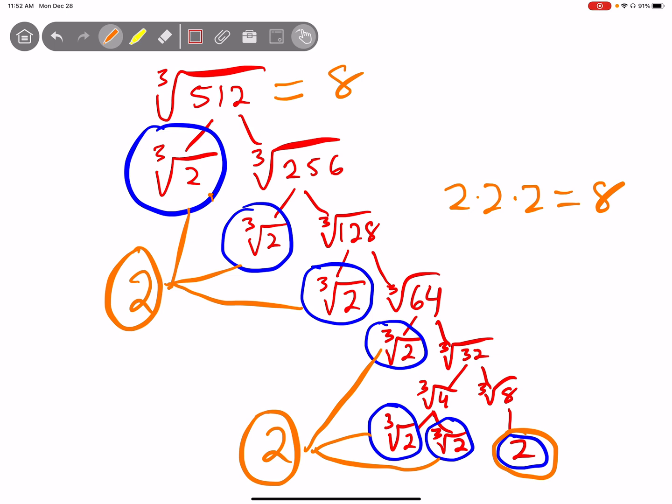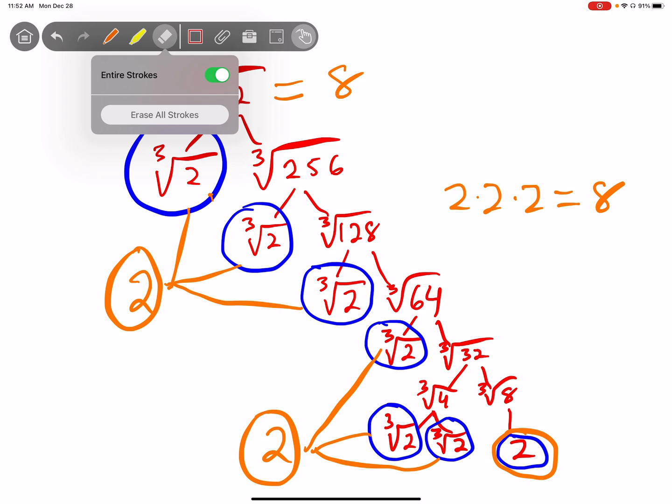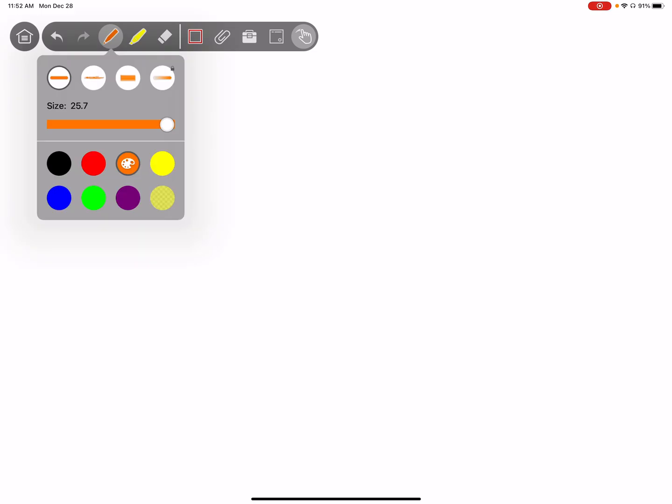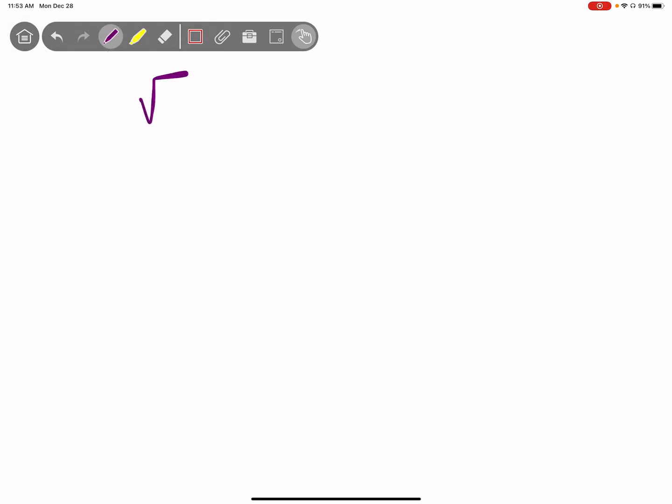Well, let's say I gave you the cube root of 320.